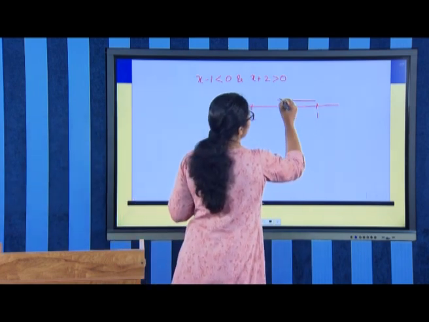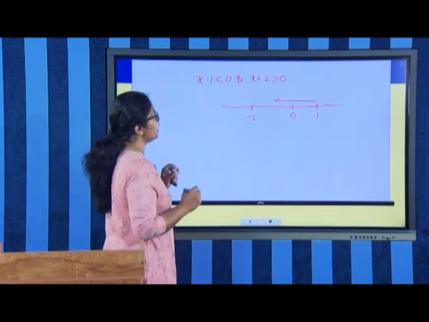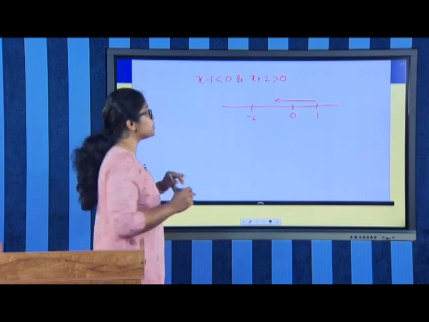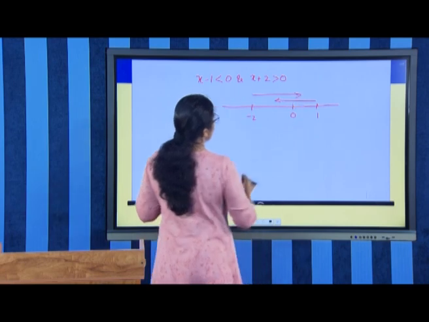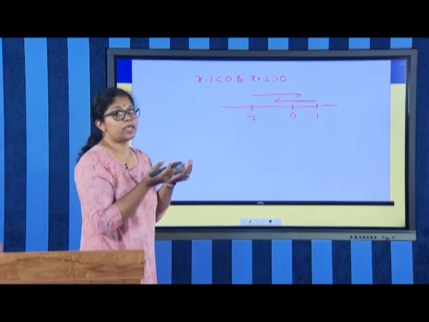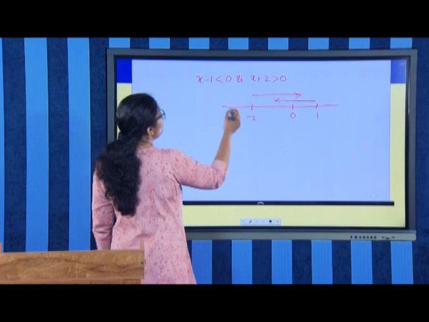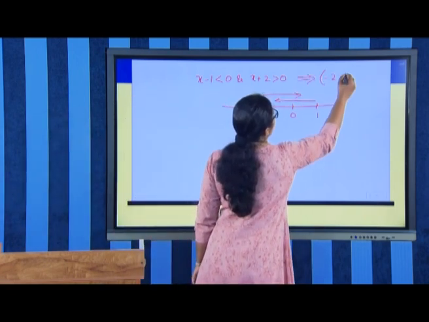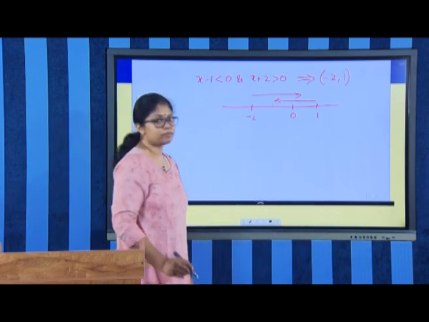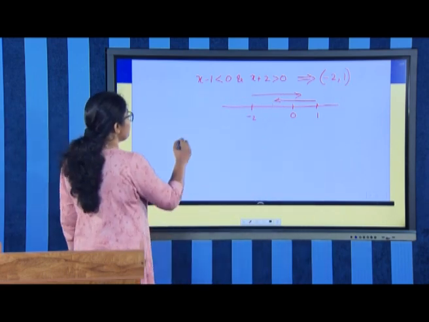So, x is lying towards the left side of 1, and x plus 2 greater than 0 means x is greater than negative 2. So, towards this side. So, which is that interval satisfying both? We have the open interval negative 2 up to 1. So, that is the open interval.